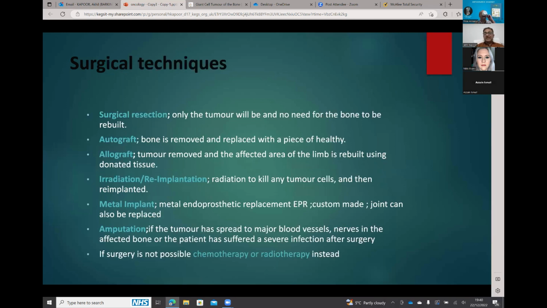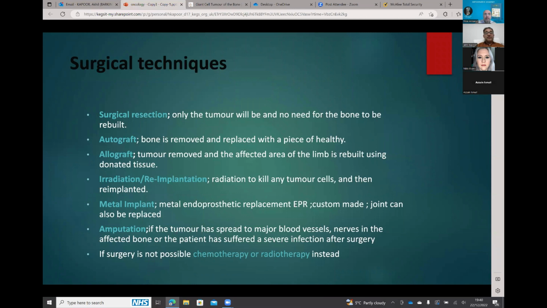There are certain surgical techniques. I've highlighted them in green. Again, we're not going to go into too much detail at this level, but to highlight, there are surgical techniques of resection of the tumor. One can use autograft or allograft to substitute for any bone loss as a result of the surgical excision. We can use radiation to kill any tumor cells.